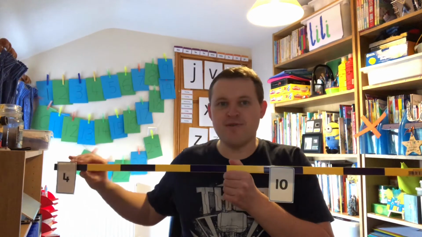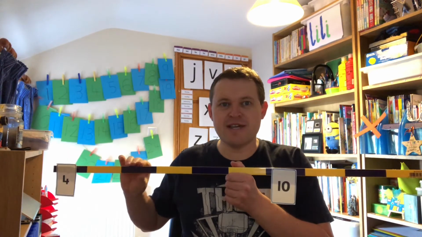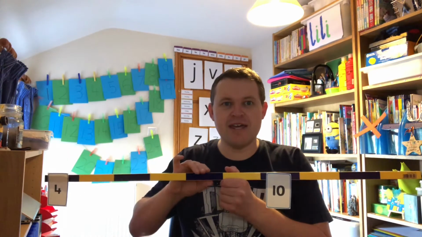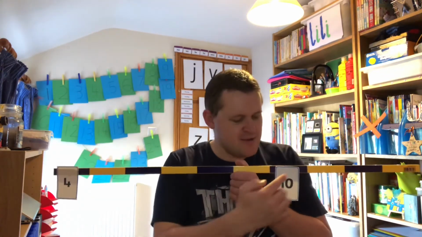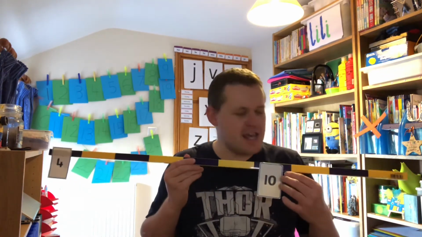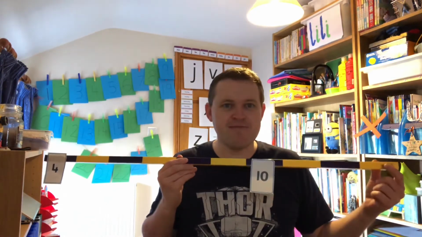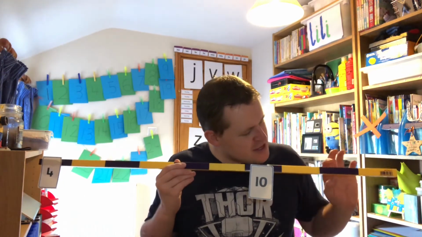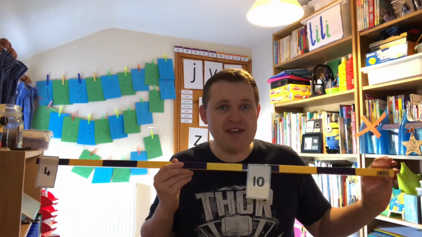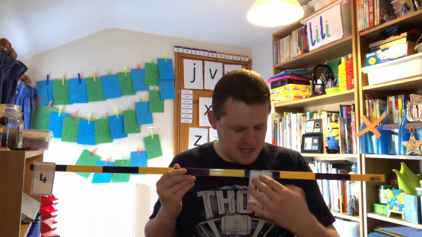So we've got 4, 5, 6, 7, 8, 9, 10. So 10 would be here. So if that's 10, what number would this one be? Can you work that out? It'll be 11, 12. It would be 13, wouldn't it? 13.